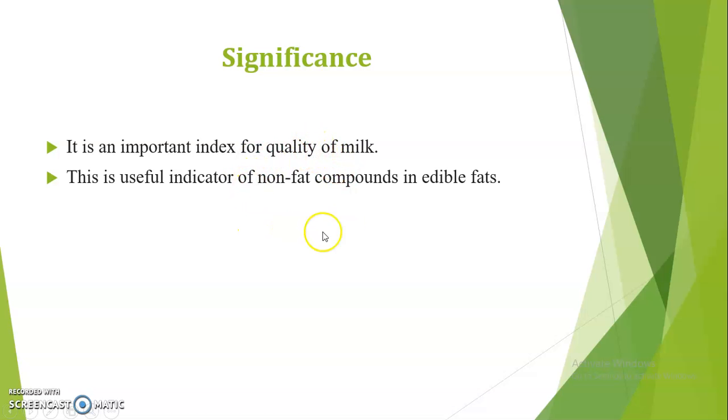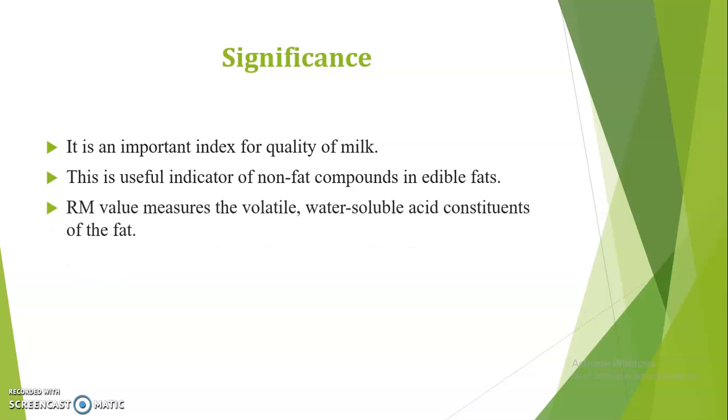So this RM value will give an idea about the concentration of non-fat compounds present in the edible fats, because the RM value of these edible fats is specific, it lies in a specific range, and if we determine this RM value and it is not within these limits, then we can say they may be adulterated with non-fat compounds. Also, RM value is a measure of the volatile water soluble acid constituents that are present in the fat.